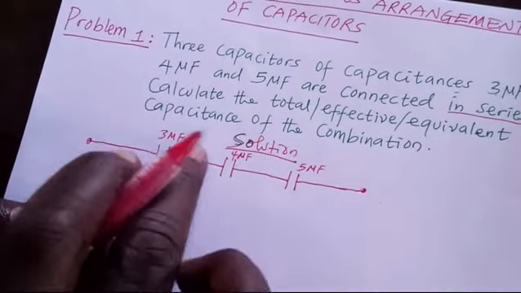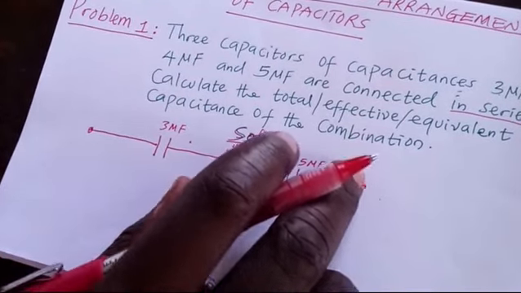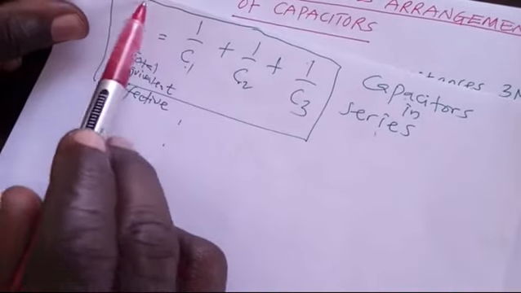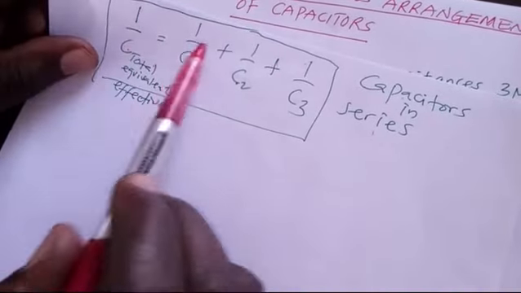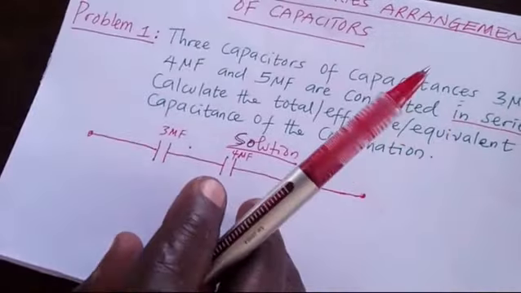So now, since they are connected in series, the equation we've just derived told us that the reciprocal of the total capacitance is the sum of the reciprocals of the individual capacitors.